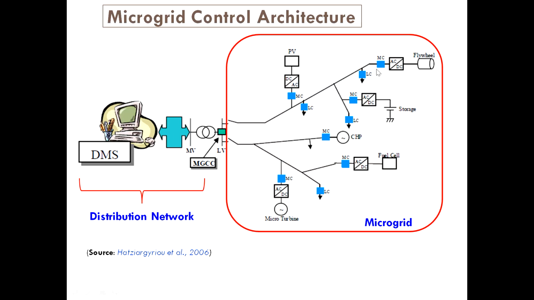So a microgrid is connected to the distribution network, and very often in the literature you will hear talk of a point of common coupling.